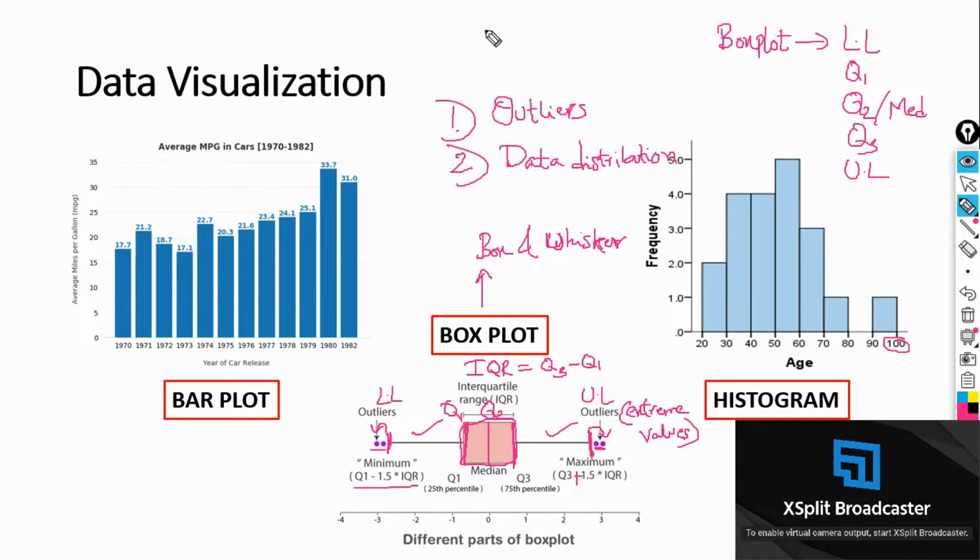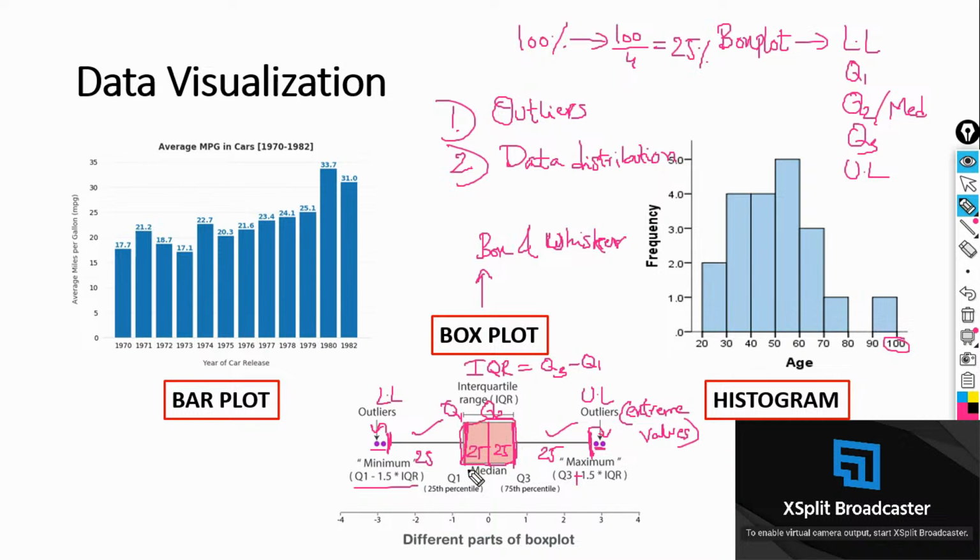What are these 25th, 50th, and 75th percentiles? Let me explain the story. Assume that the data that you have is 100%, and make this 100% into 4 parts. What will be the composition of each part? 25%. So this will be 25, 25, 25, and 25.